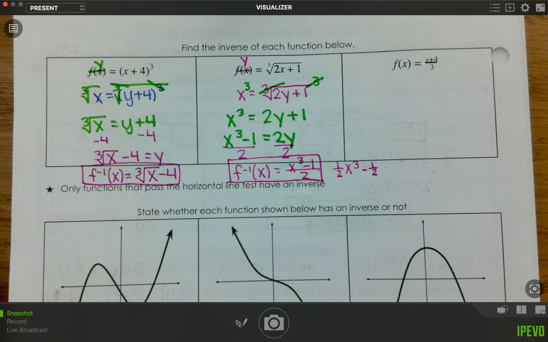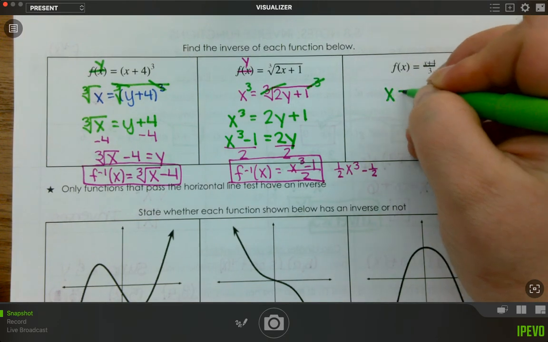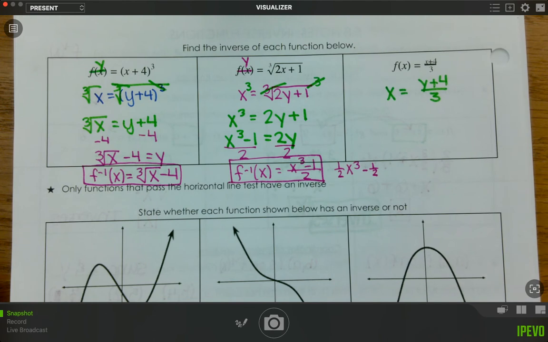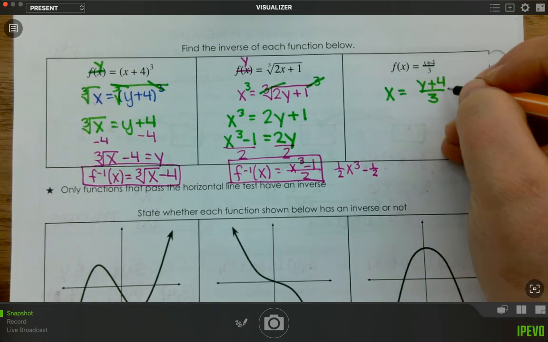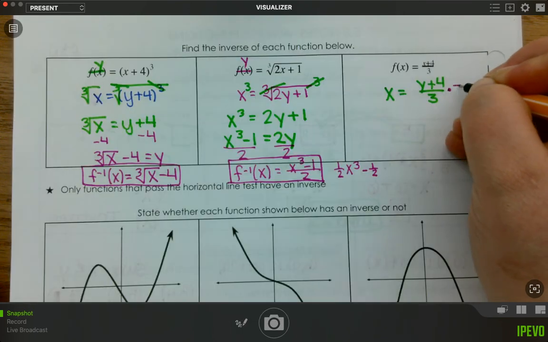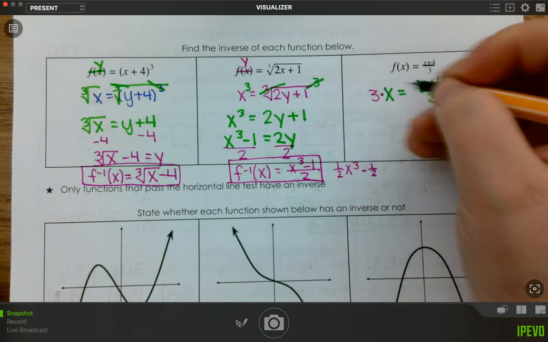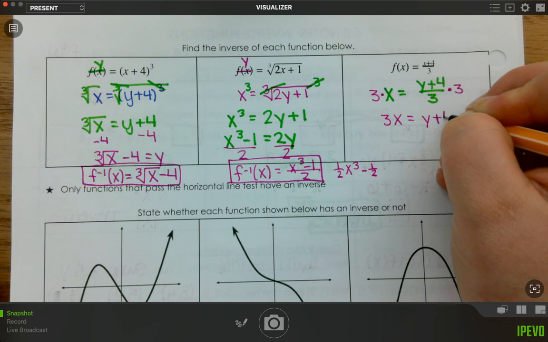And then I'm going to show this next one without doing this part first. I'm just going to show you it'll be x equals y plus 4 over 3. You're just switching spots. And then to get rid of that 3, I need to multiply by 3, because the opposite of dividing by 3 is multiplying by 3. So now I have 3x equals y plus 4.